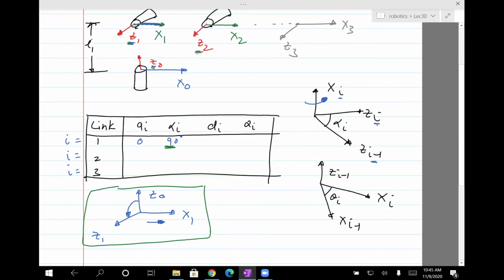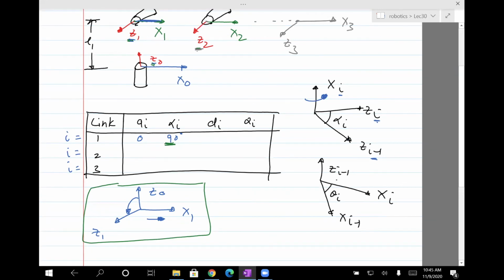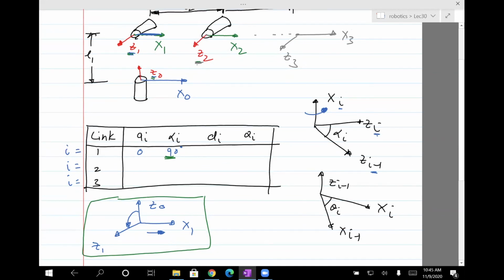Okay, next we need to find d1, which is the distance between x0 and x1 along z0. So you can see that the distance between x1 and x0 along this axis is going to be L1.